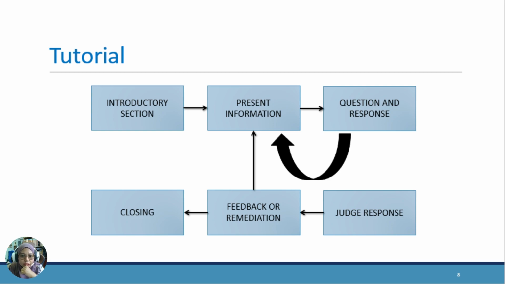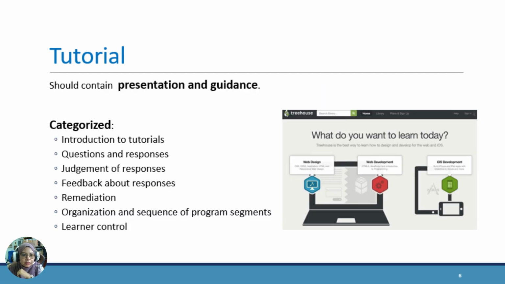When the user inputs the response, we go to the feedback, and maybe the judgment of response. The tutorial software will give you feedback about the response, and then it will close the program.